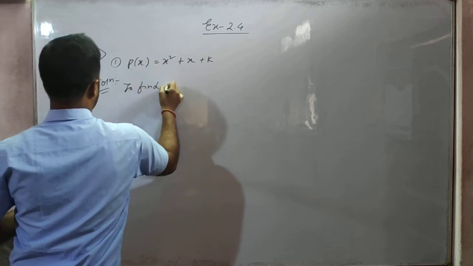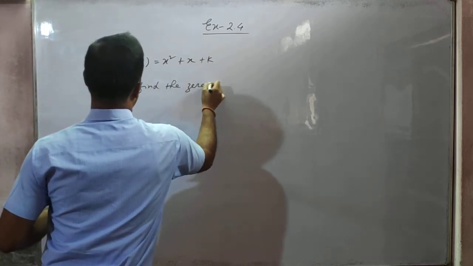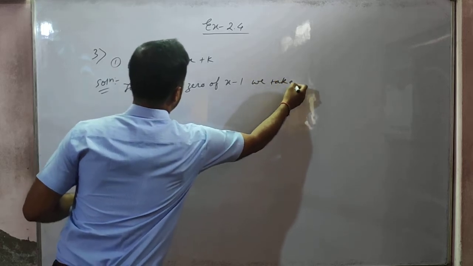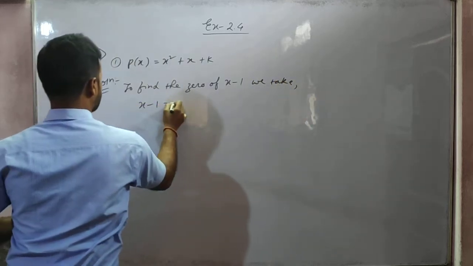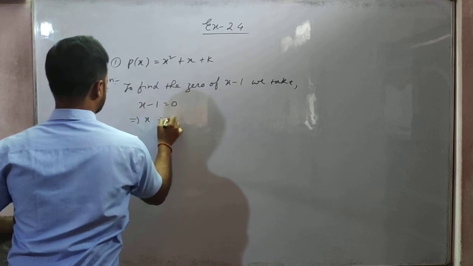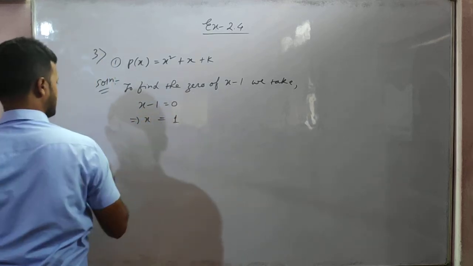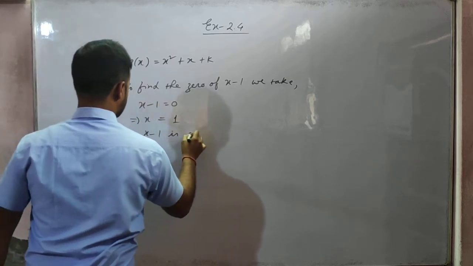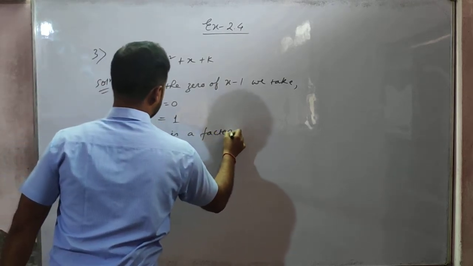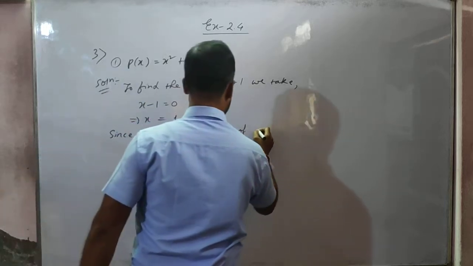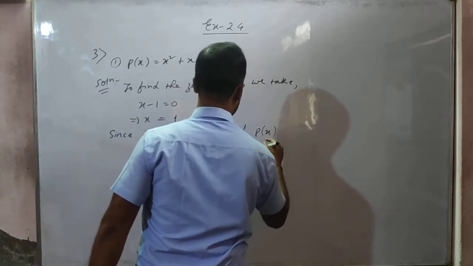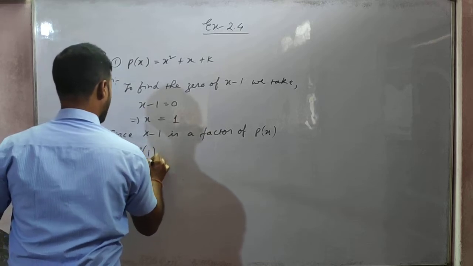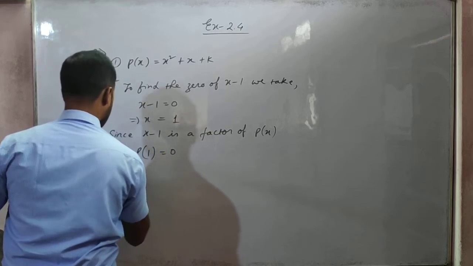To find the zero of x minus 1, we take x minus 1 is equal to 0, so x is equal to plus 1. Since x minus 1 is a factor of p(x), therefore p(1) is equal to 0.